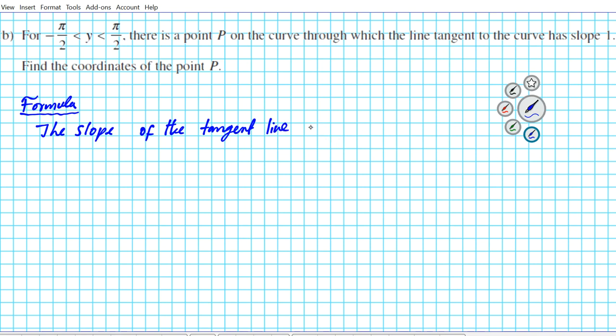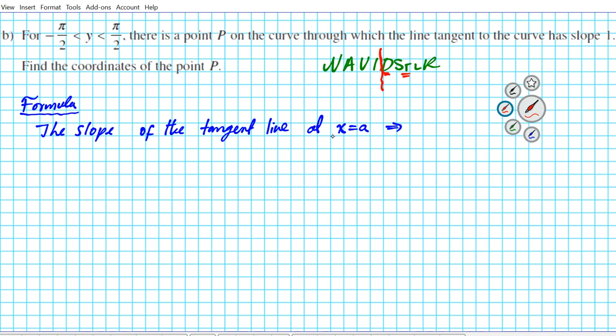The slope of a tangent line at x equals a is the same thing as the rate of change, and is also the same thing as the derivative.